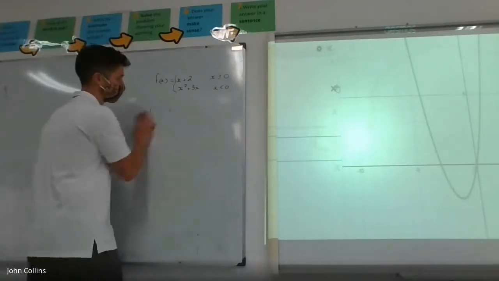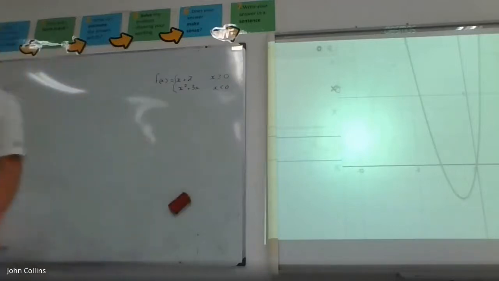So let's have a look at the sketch of this first of all. I'll type it in. Okay, so there are the two of them as full functions. Now one takes over from the other, and you can see there's a gap there.